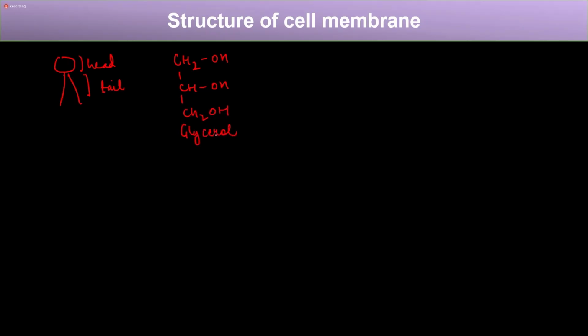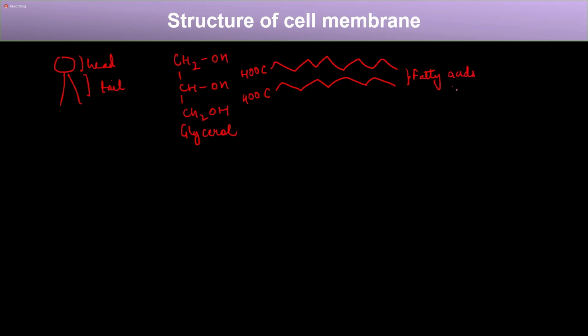So the structure of a cell membrane is made up of phospholipid, and this phospholipid is made up of one component, glycerol, and the second component is a long hydrocarbon chain, which has a carboxyl group attached to it. And what is this called? There will be two of it, okay, and these structures are called fatty acids.